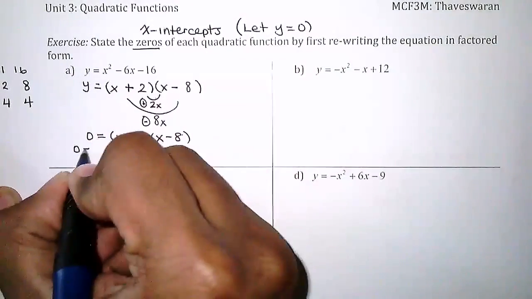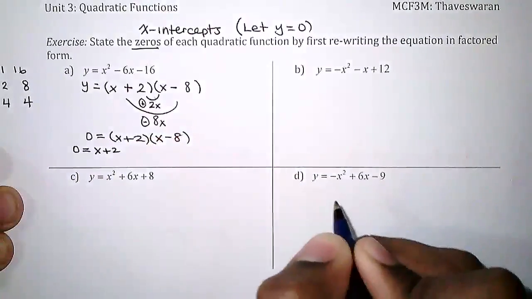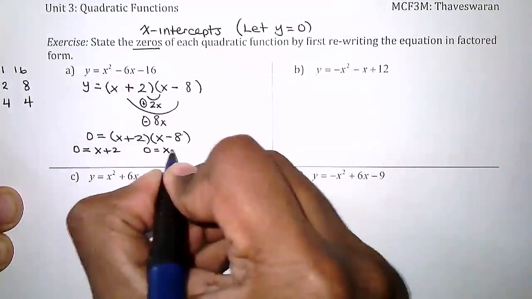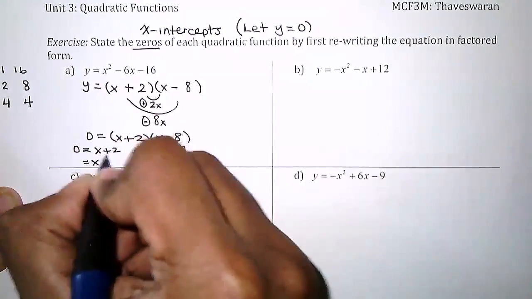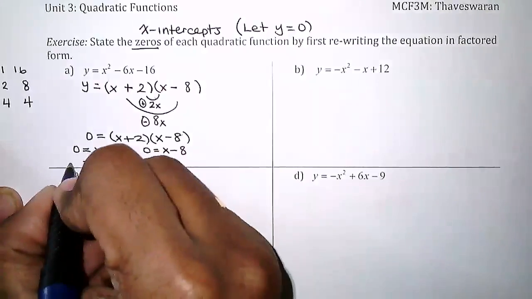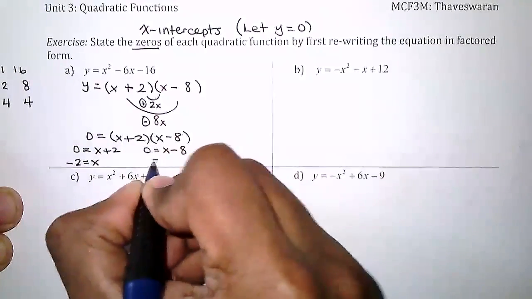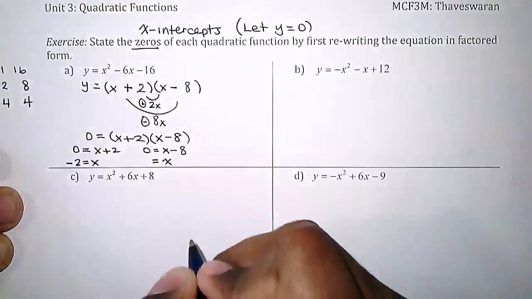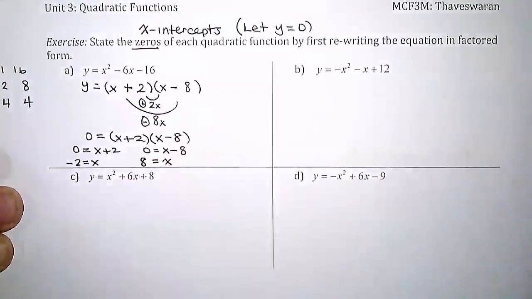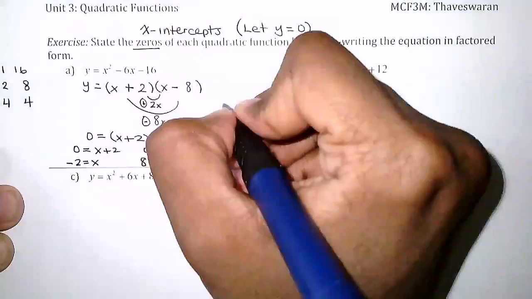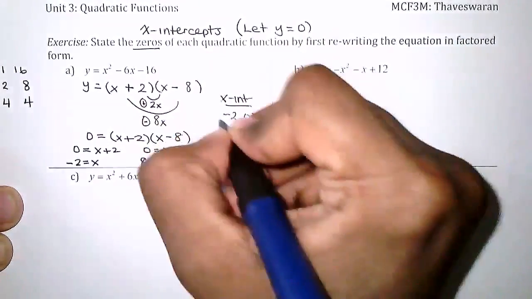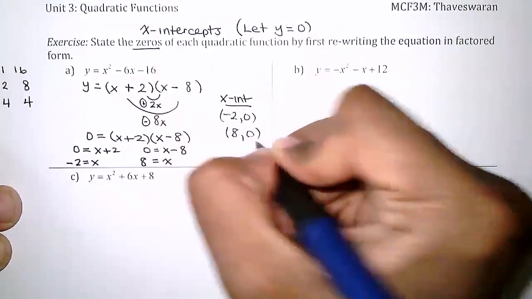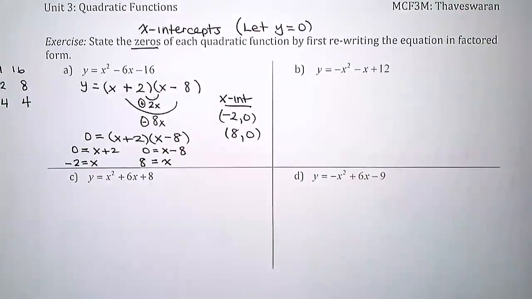You say 0 is equal to x plus 2, and 0 is equal to x minus 8, and then you isolate for the x here. So x, I bring the 2 over, 0 minus 2 is just -2, and here x, I bring the -8 over to make it positive, it equals 8. So based on these values, I know that my x-intercepts occur at -2, 0, as well as 8, 0. That's the formal process of finding the x-intercepts.